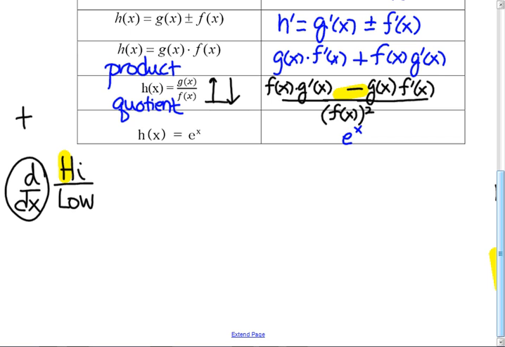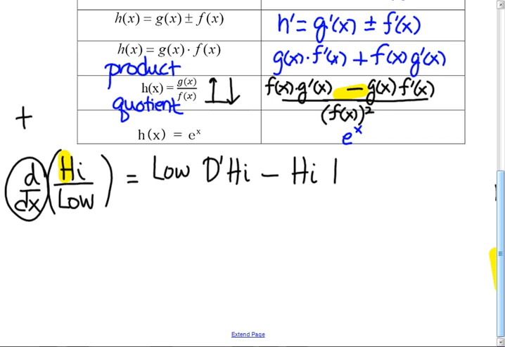It's a derivative. It's a rate of change. But anyway, so how do you do that if it's a quotient? Well, it's low times the derivative of the numerator, low d high, minus the numerator times the derivative of the denominator, high d low, over the square of low we go.